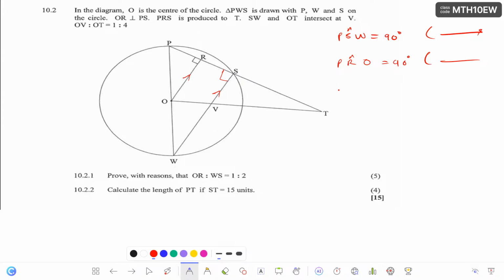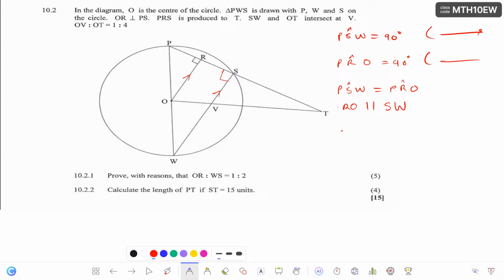So now we can conclude that angle PSW is equal to angle PRO. So meaning OR is parallel to what? SW.